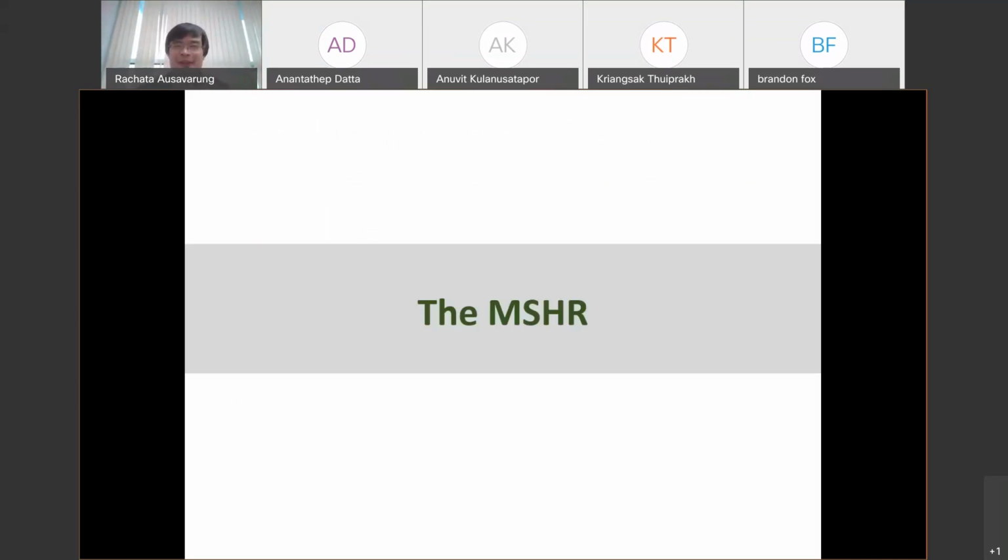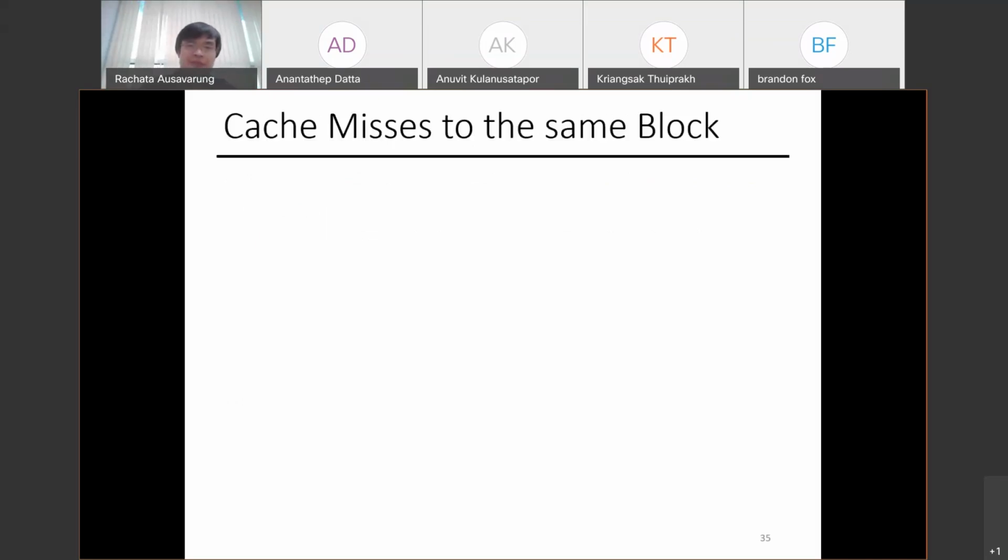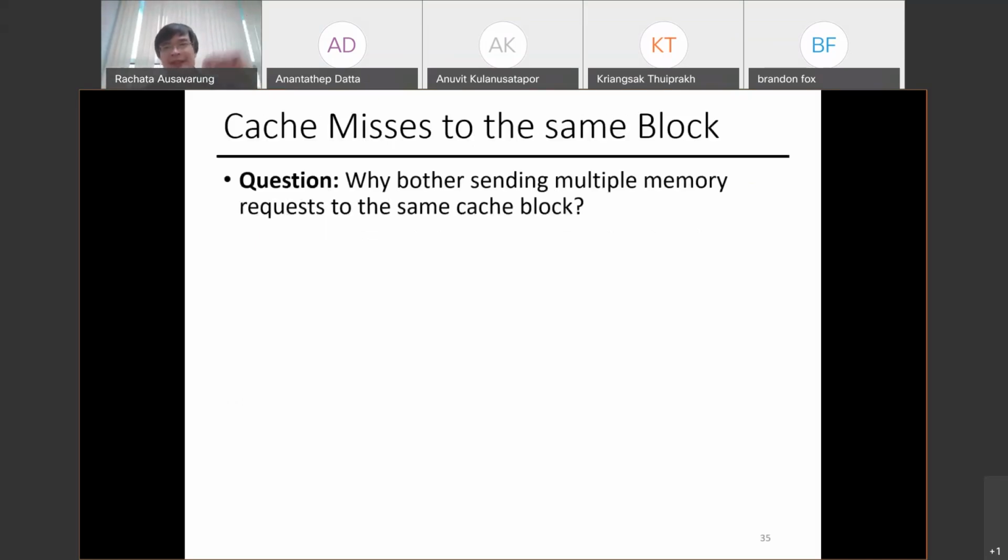This is called the MSHR, Miss Status Handling Register. It's a register that is used to handle cache misses, right? So let's say you have a cache miss to the same block. The question I need to ask is, should I send more data requests, or should I just wait for that ongoing cache miss to get my cache block?